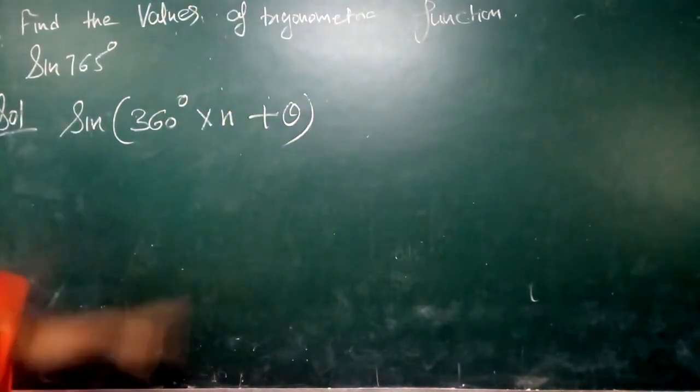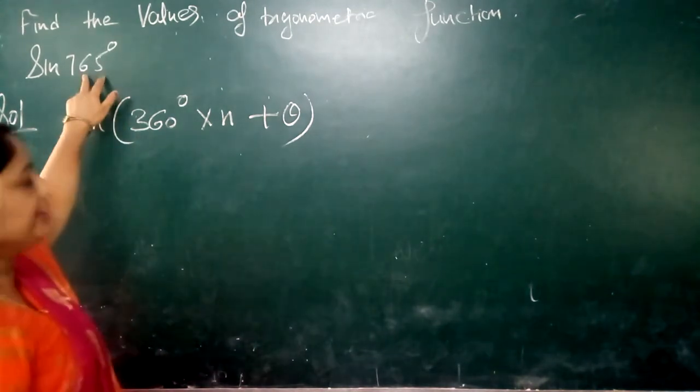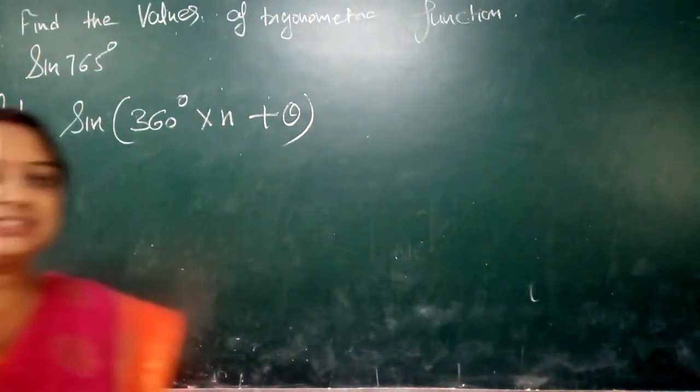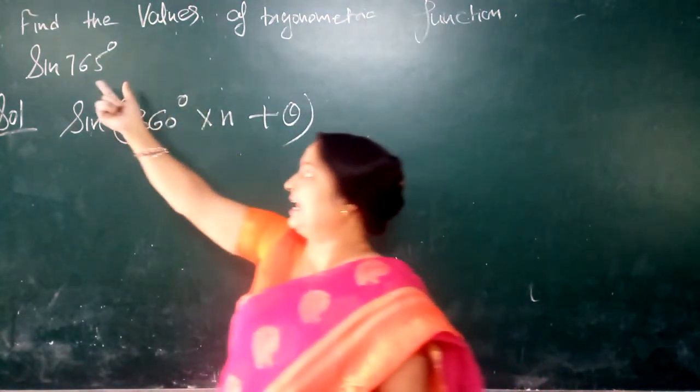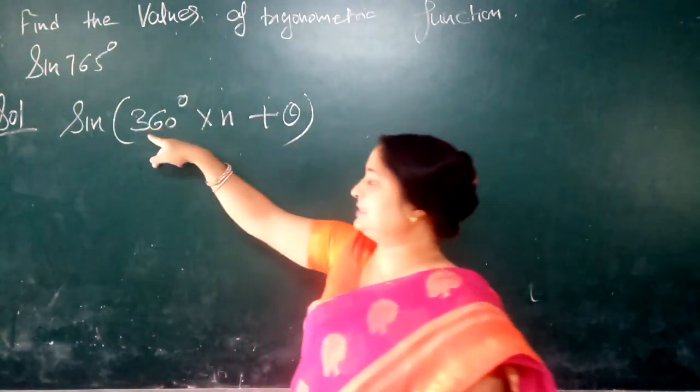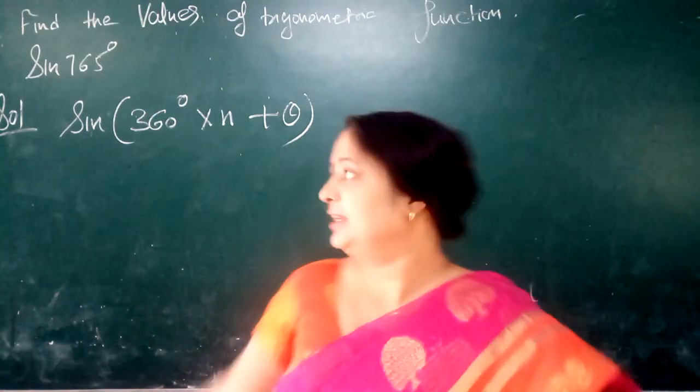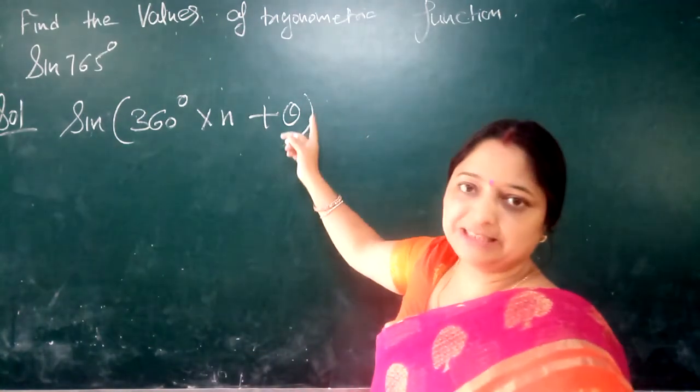We will break this term by dividing with 360, into the quotient n, and then plus the remainder.